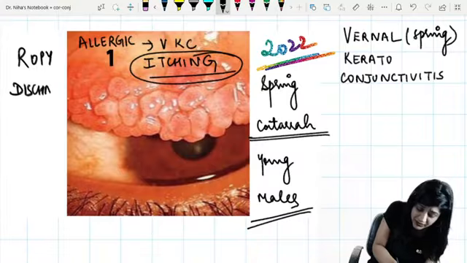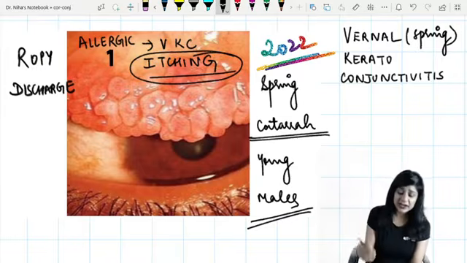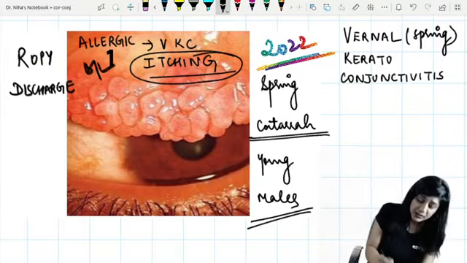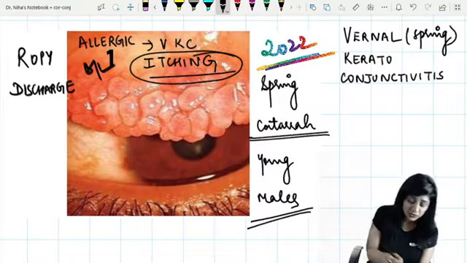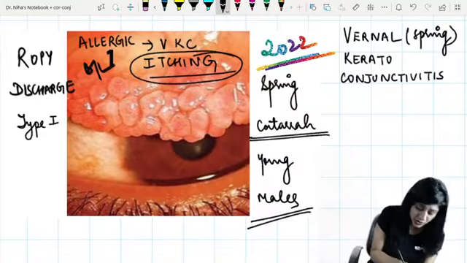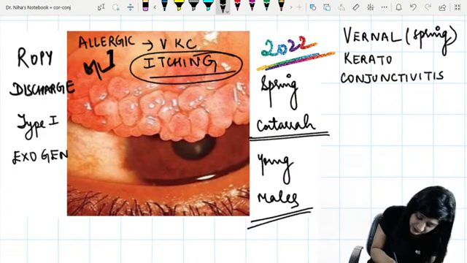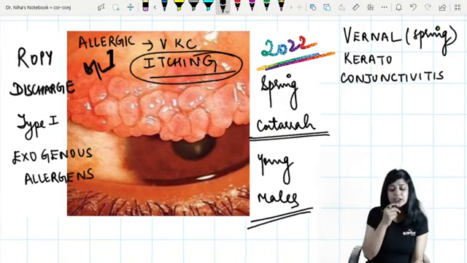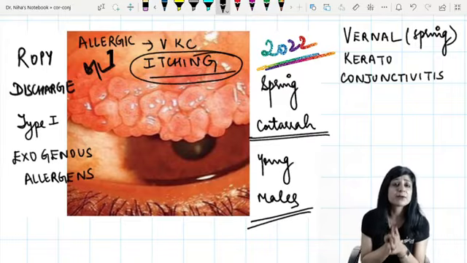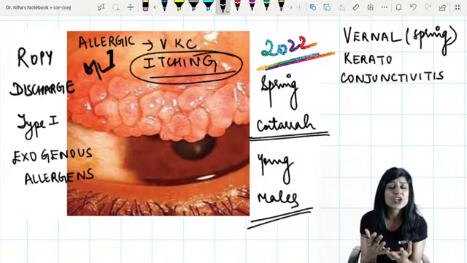So in a clinical scenario with a young male, bilateral itching, and ropey discharge, you have a type 1 hypersensitivity reaction to exogenous allergens.